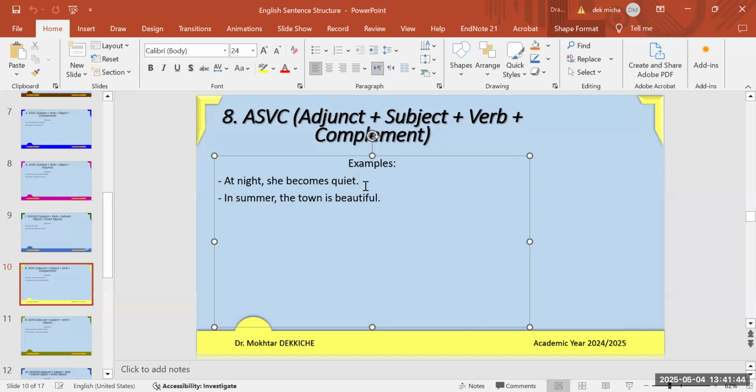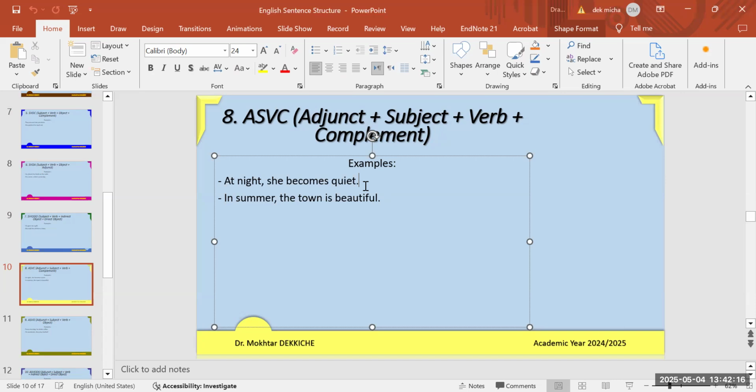Saying she becomes quiet at night is also correct, but English sentences sometimes put the adjunct at the beginning of the sentence in order to make focus on specific time or specific place.